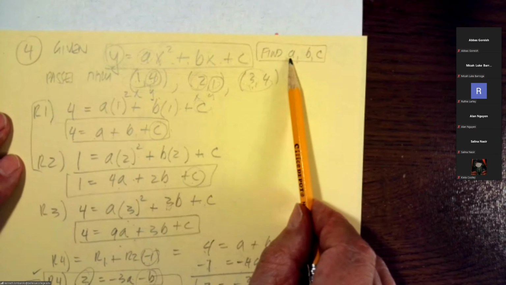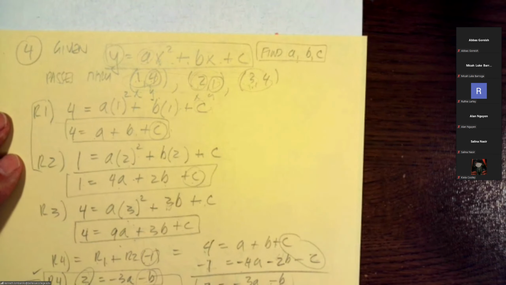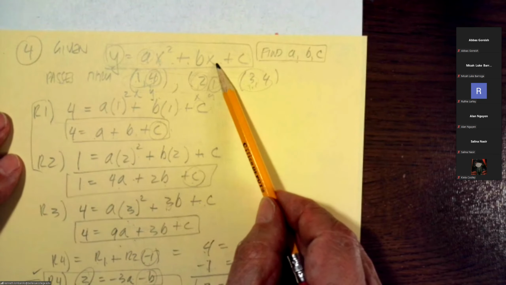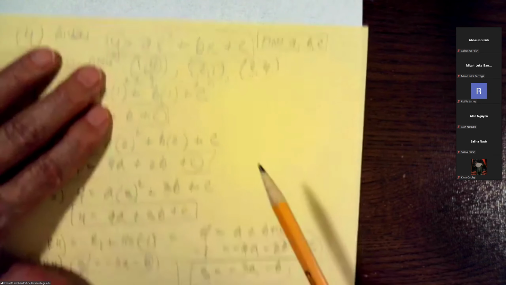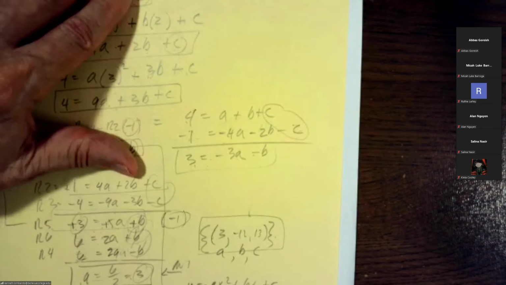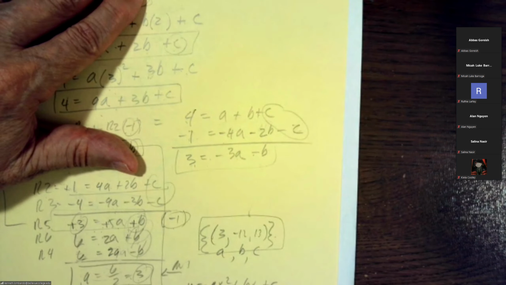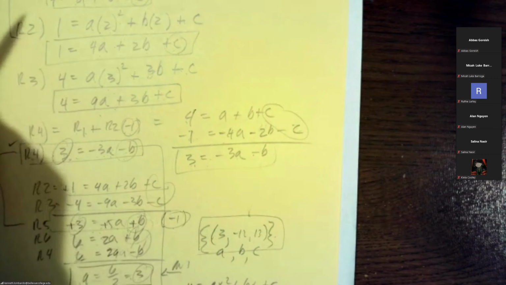That is to say, substitute A, B, and C that you solved for into this equation. What does this equation become? And this equation becomes 3x squared minus 12x plus 13.